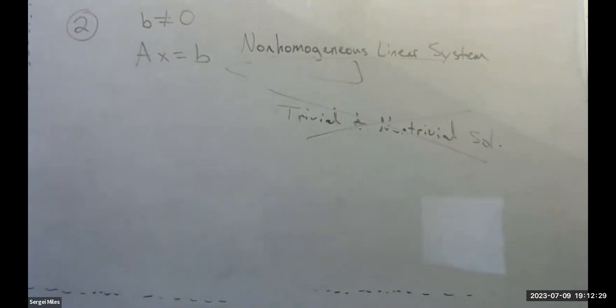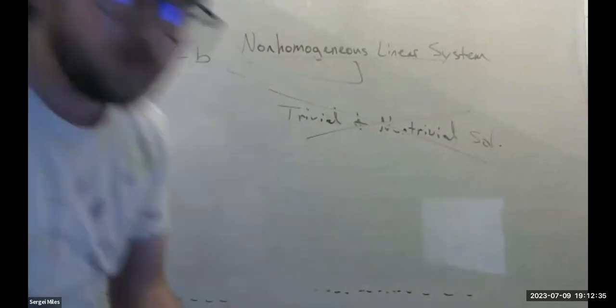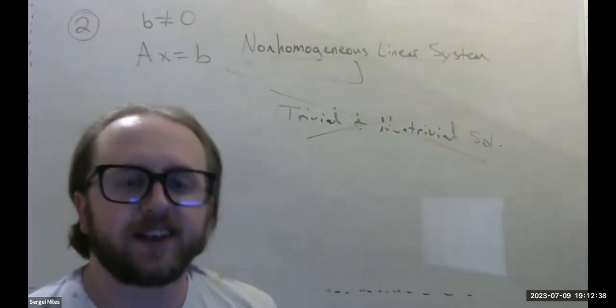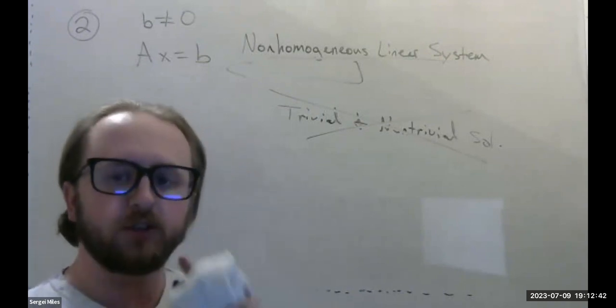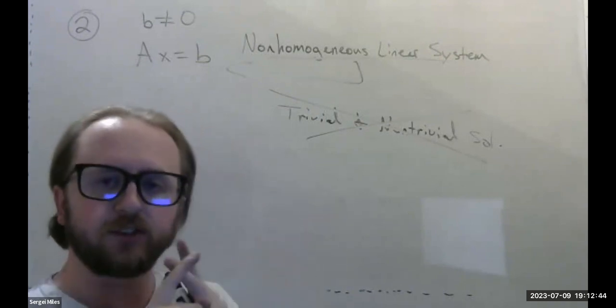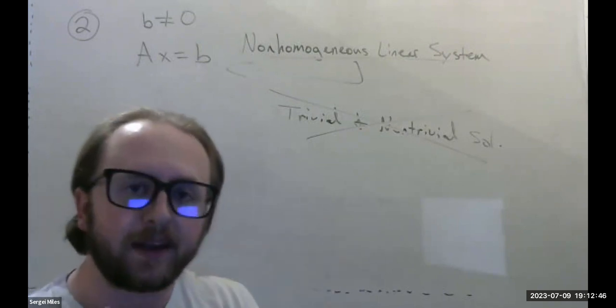Why is this the case? Well, for a homogeneous system, remember back in lesson 1, we said 3 cases could happen for a system of linear equations. We could have no solutions, a single solution, or infinitely many.